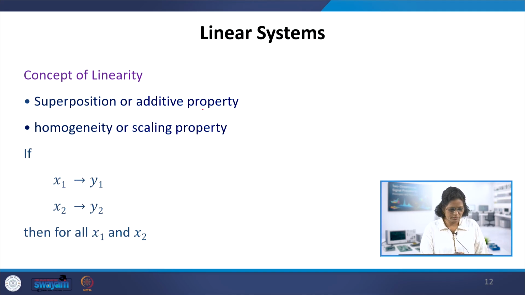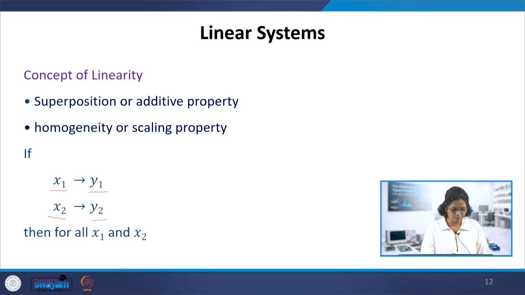So for example, how do we say that this is obeying the superposition theorem? Here, if the system input is x1, it yields the output y1, and for a different input x2, the system gives the output y2. This should be true for all x1 and x2 values.